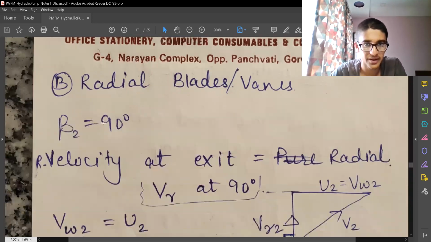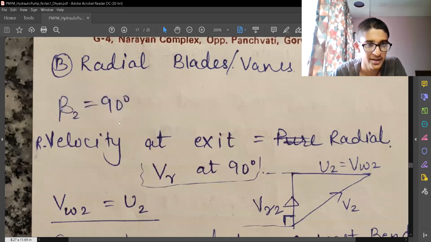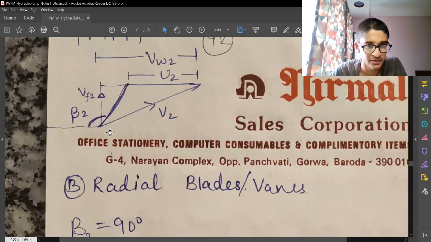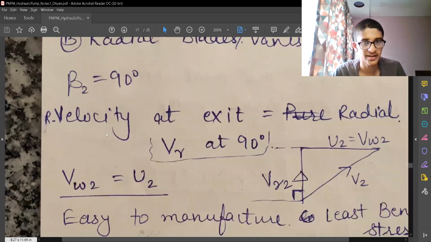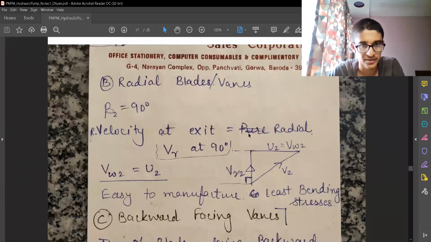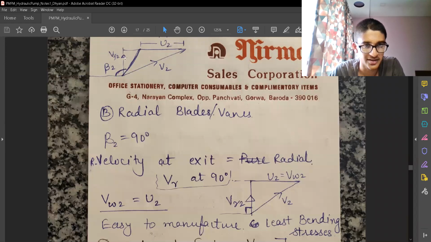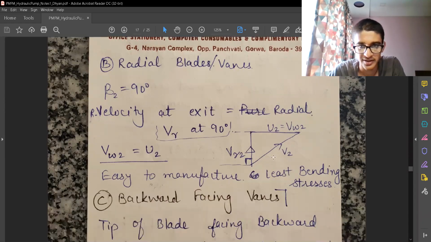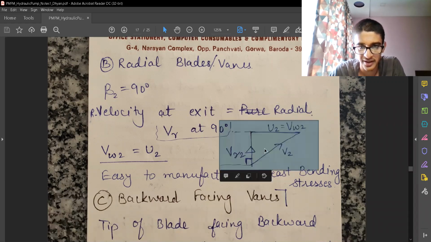In radial blades, we have beta 2 equal to 90, so this is exactly outwards. In that case, the relative velocity at exit is exactly radial. This is how the velocity triangle looks.